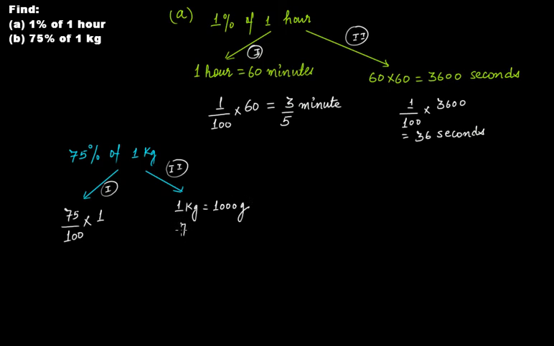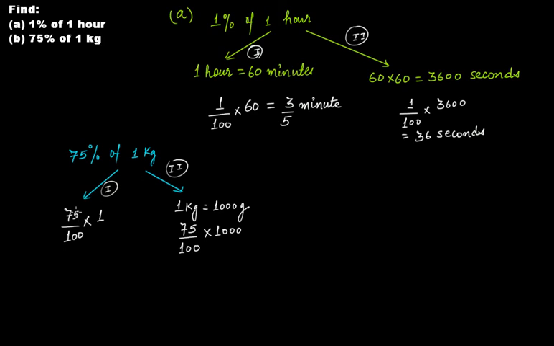Therefore, in this case, you calculate 75% of 1000 grams. Now, even you can convert this kilogram into milligram and so on and so forth. But here, for our discussion, we are only taking kilogram and gram, right? Because you can further convert this gram into milligrams and so on.